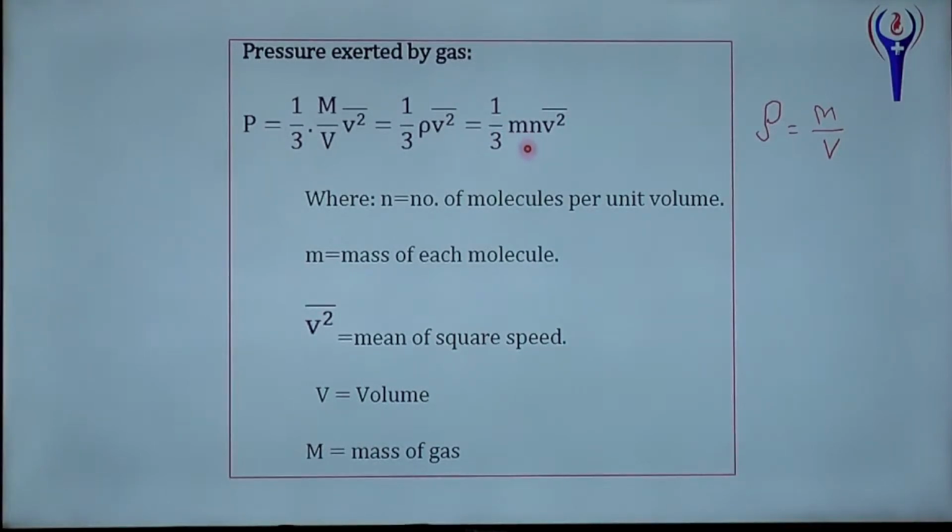Small m is the mass of each molecule, and n is the number of molecules per unit volume. So rho equal to m into n. That we will say as the molecular density. Noted?